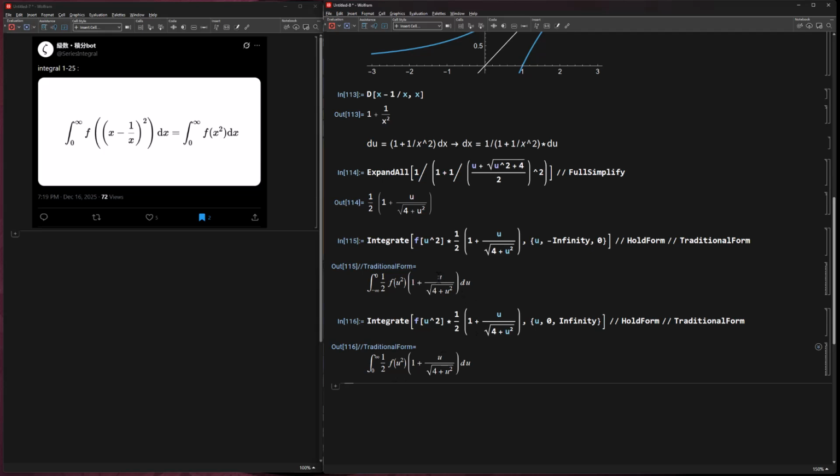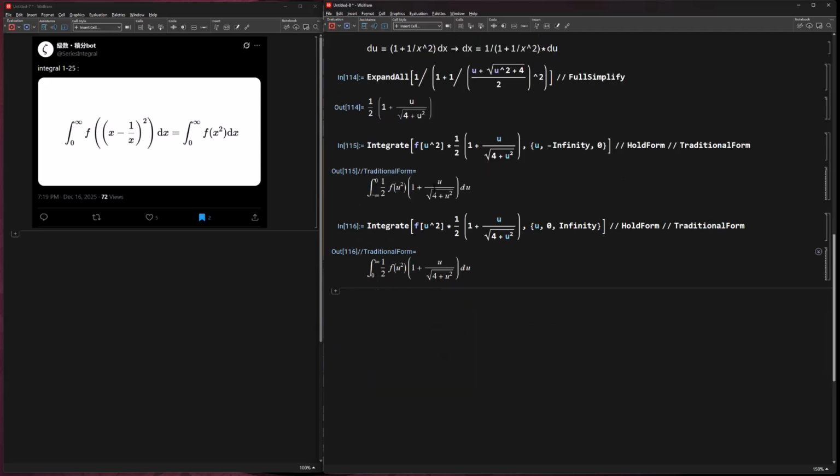The only thing that we need is to cancel the part on the right-hand side of this equation with u over the square root of 4 plus u squared. And here is the trick.